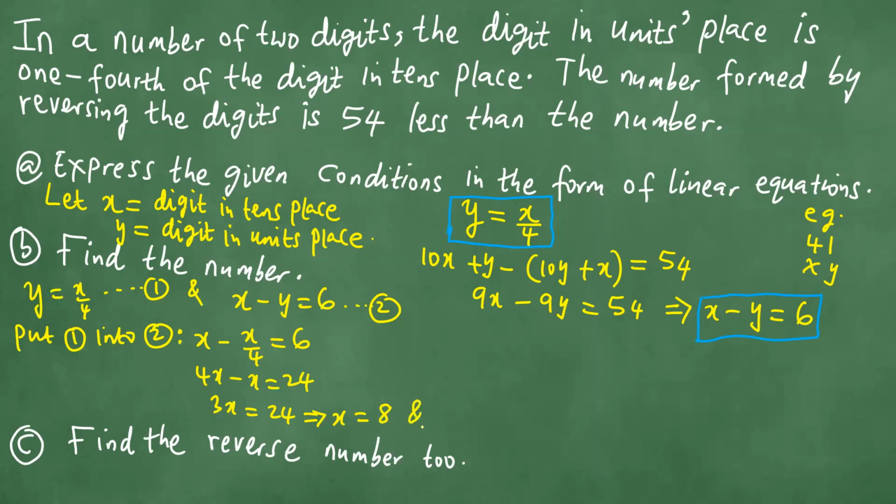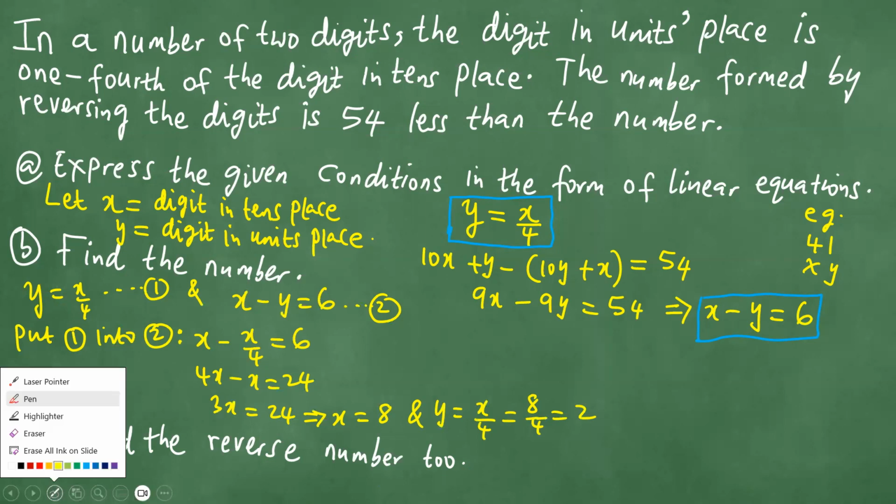Right, and if x equals 8, what will y become? So you use equation 1. You know that y is equal to x out of 4, and x is 8. So you have 8 out of 4, which equals exactly 2.